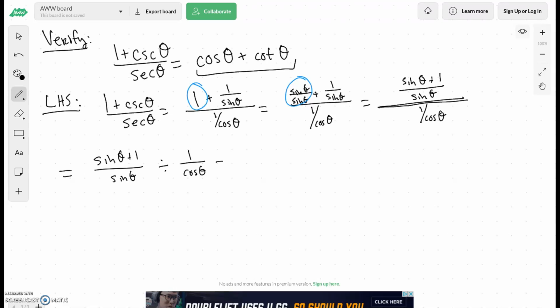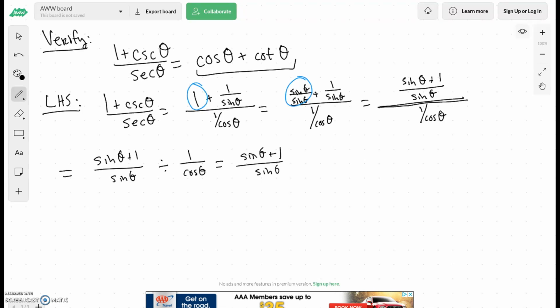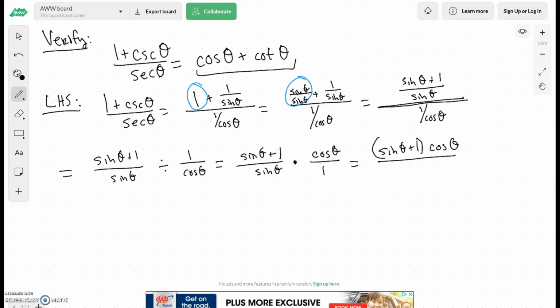When we are dividing fractions like this, we keep the first one, so this stays the same. The division sign turns into a multiplication, and the second one we just flip with the reciprocal. And what I'm going to get is sine theta plus 1 times cosine theta, all over sine theta.